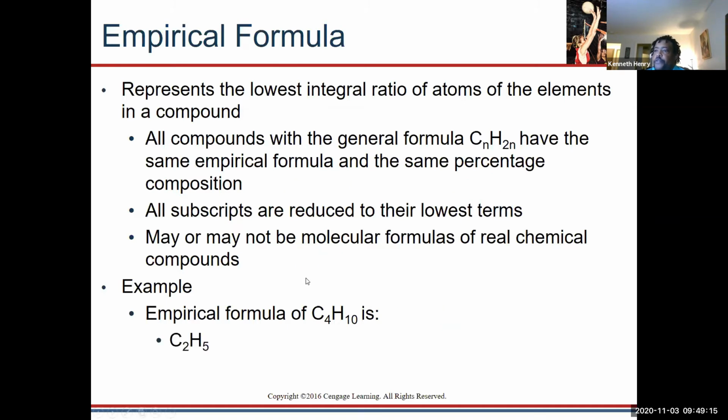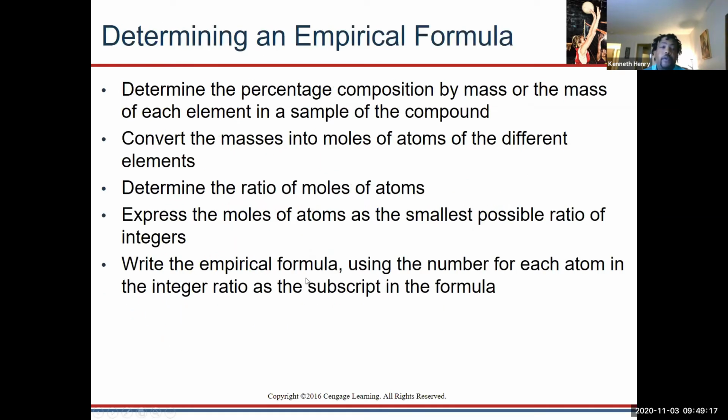Now that you understand what empirical formulas are, the way that we would determine empirical formulas is if we're given a mass percentage or the mass of each element in a compound, we first convert those elements into moles. You guys remember how to convert mass into moles, all right?